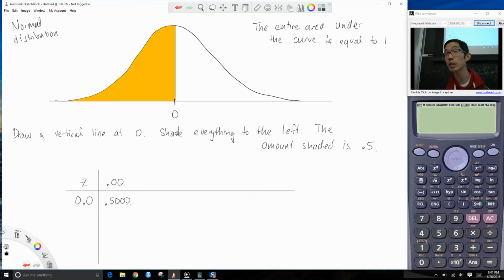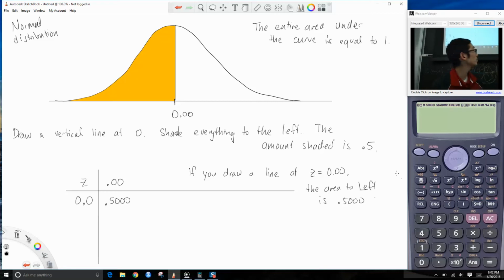So that basically says if you draw a line at z equal to 0.00, which is basically what I have here, because I can throw on trailing zeros and it doesn't affect the value, the area to the left is 0.5000. Okay, is that all right with everybody?